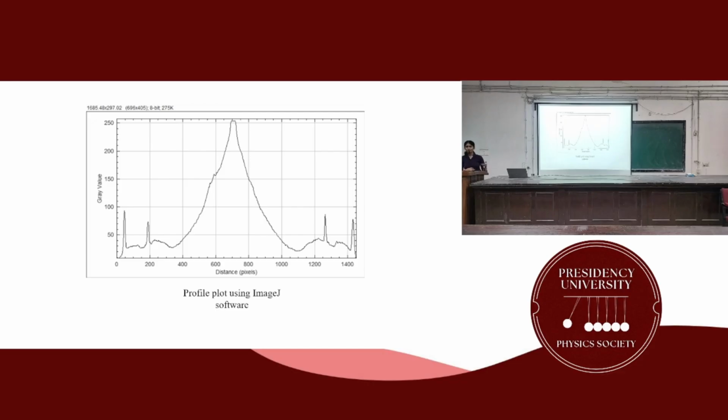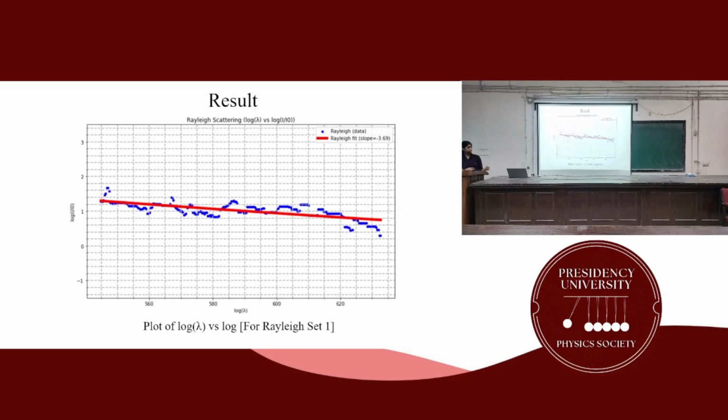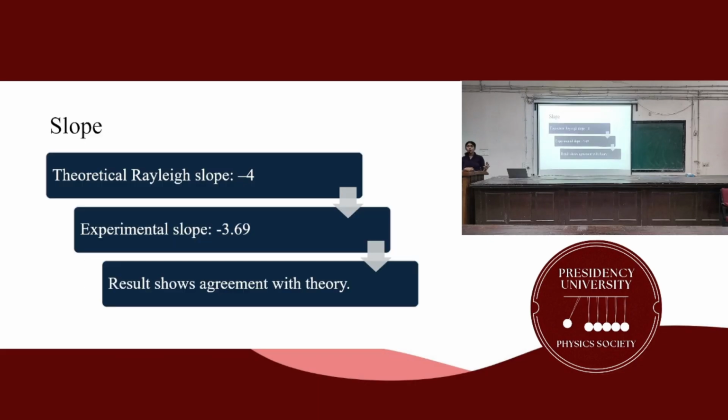Maybe all of you know how it is done. So that is how I plotted it. The slope I received from here is minus 3.69, which is close to minus 4, which supports the theory that the intensity of scattered light varies inversely with the fourth power of the wavelength.